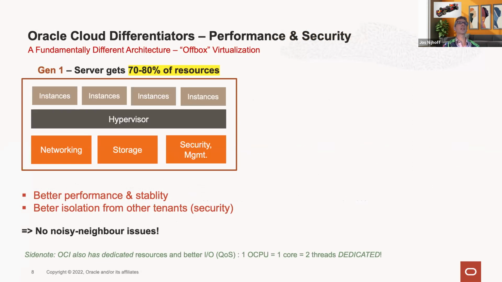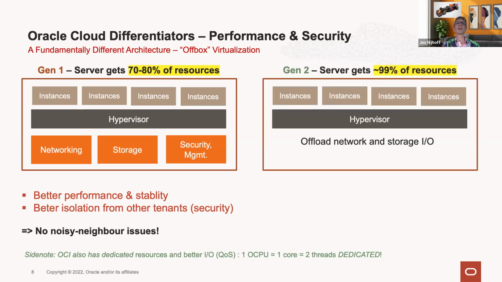And how you do that technically, as many people will probably know, is that you use a hypervisor, and a hypervisor separates the compute. It divides the memory, but it also provides all the networking functions, to separate all the network traffic from different customers, from different tenants. And there's a security management aspect to that as well.